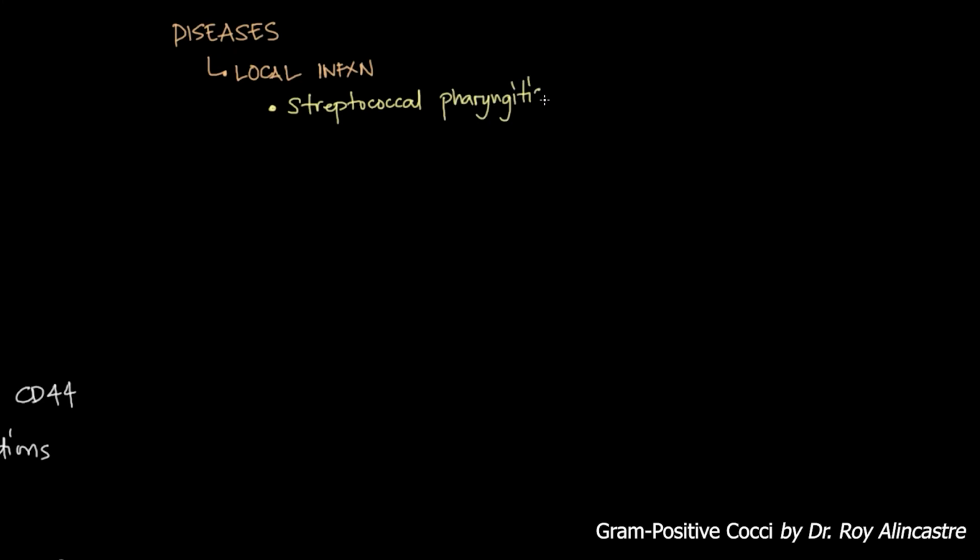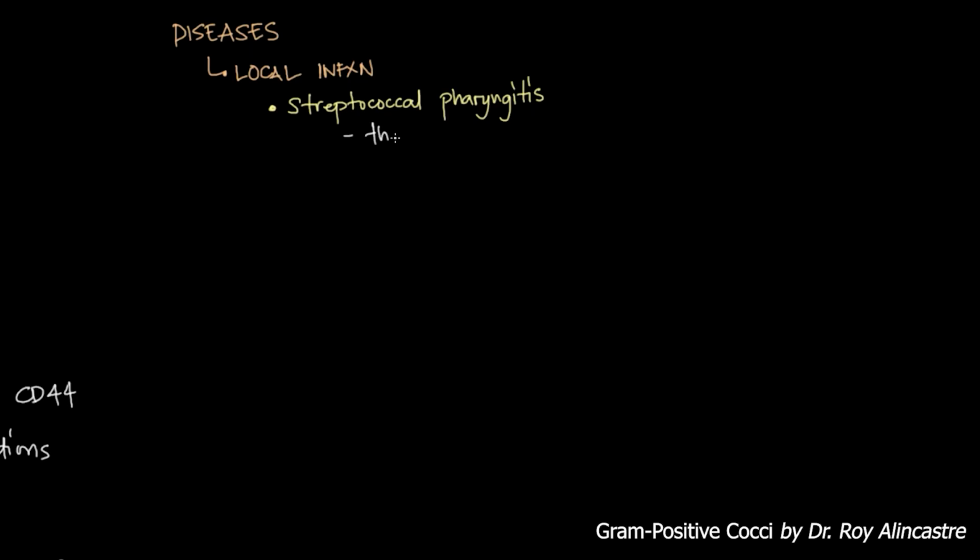Let's now discuss the disease spectrums of strep pyogenes. Okay, so first, strep pyogenes can cause local infection. No? The most common is the streptococcal sore throat, or strep throat, or pharyngitis. So the bacteria adheres to the pharyngeal epithelium through the lipoteichoic acid-covered fimbriae and the hyaluronic acid in strains with capsules.